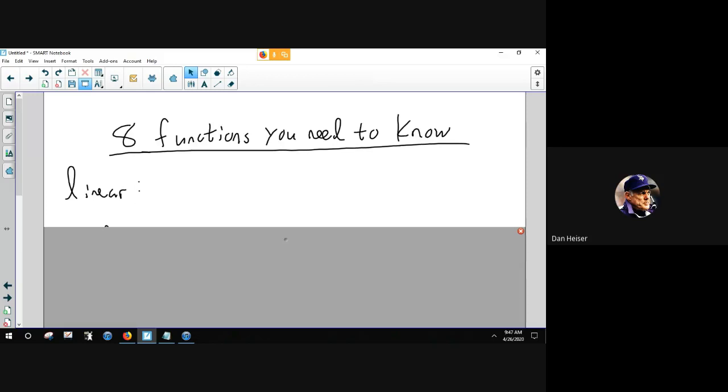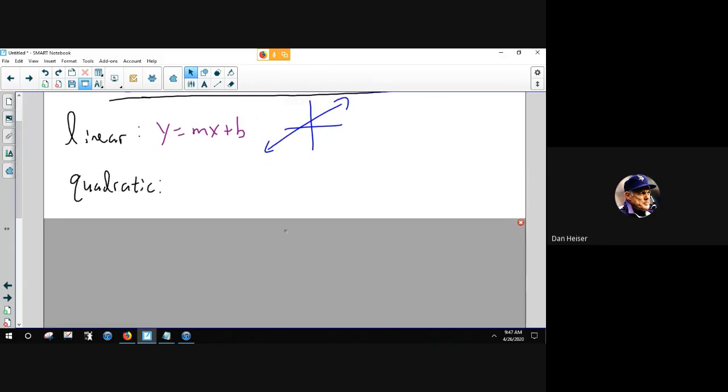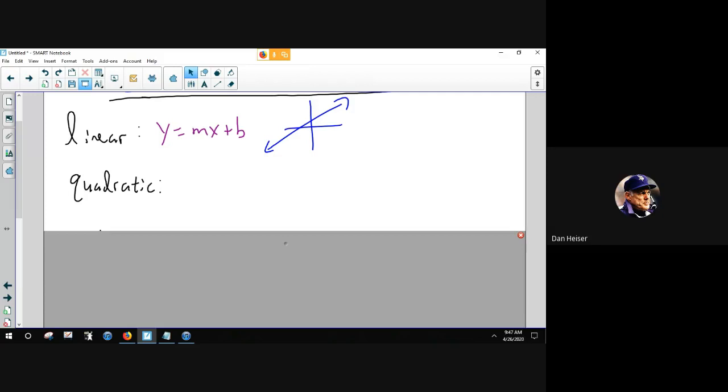Linear is our first one. We all know what a linear function looks like. Straight line, simple graph. We've all seen this before. It's our old friend y equals mx plus b. There's a linear function. And then the second one you probably learned back in Algebra 1, quadratic.